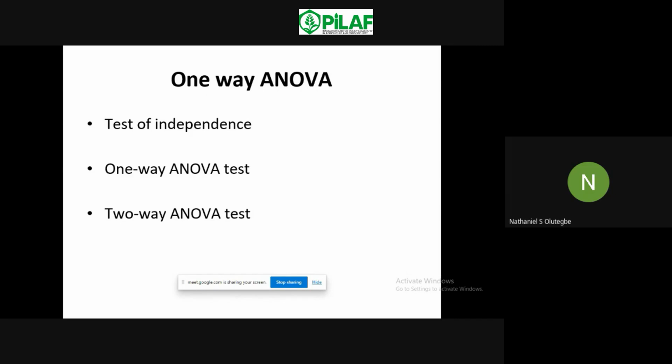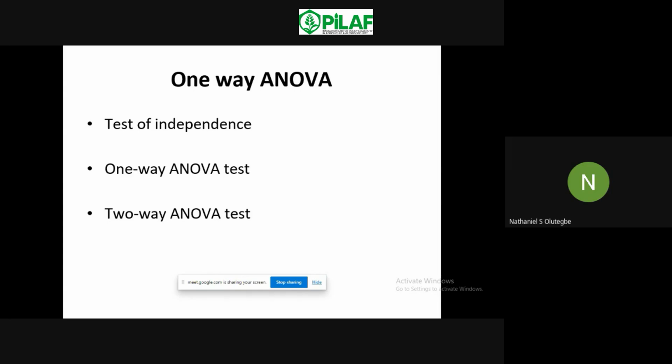As much as possible, I will want us to follow keenly. If it's possible, we have the script already dropped in our folders, so I want us to follow through one step after the other as we run through the script. But usually, the way we have always done, I'll first of all give us some background information with respect to each of the tests that we are going to be talking about.